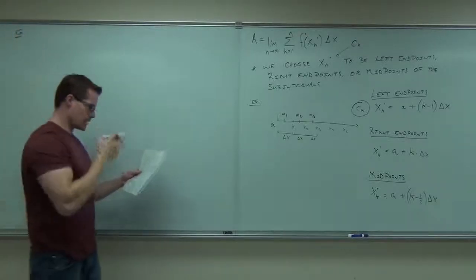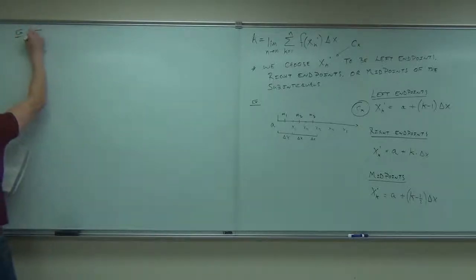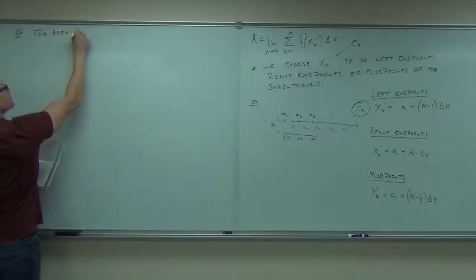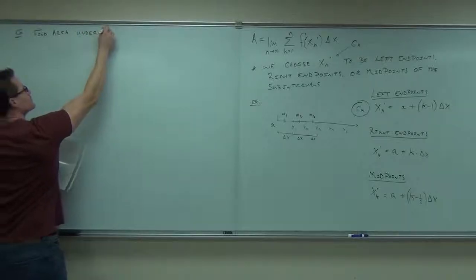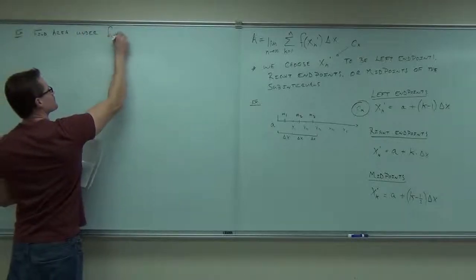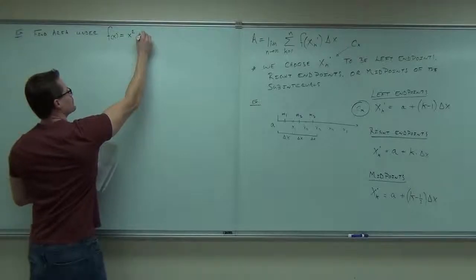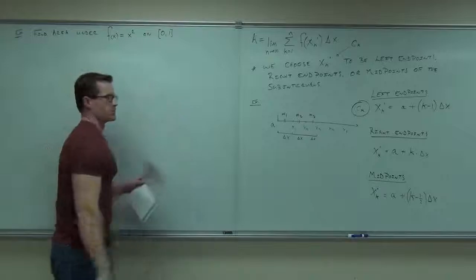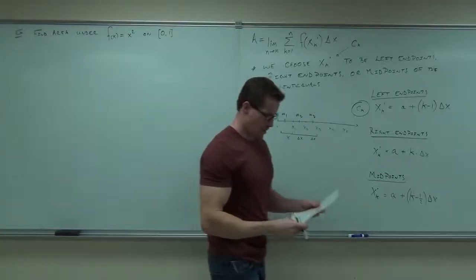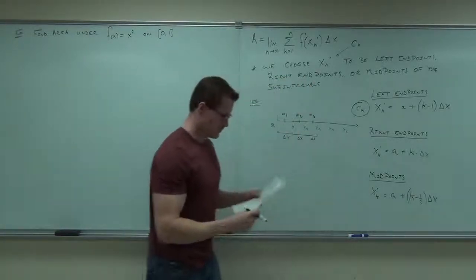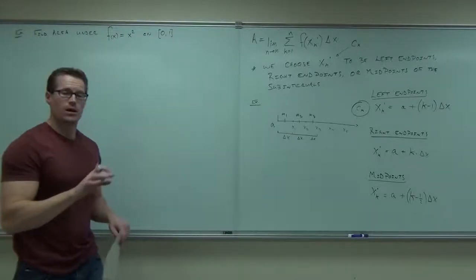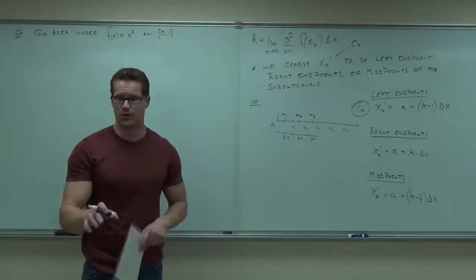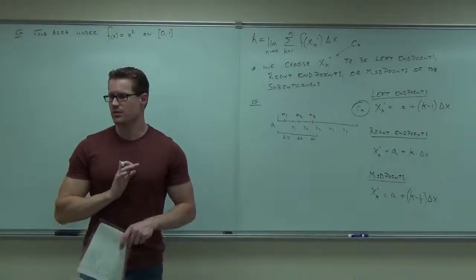Let's go ahead and find the area under f of x equals x squared on 0 to 1. In your real life, you can pick whatever endpoints you want. It really doesn't matter. It will all work out the same. What I'm going to tell you is what endpoints to pick.